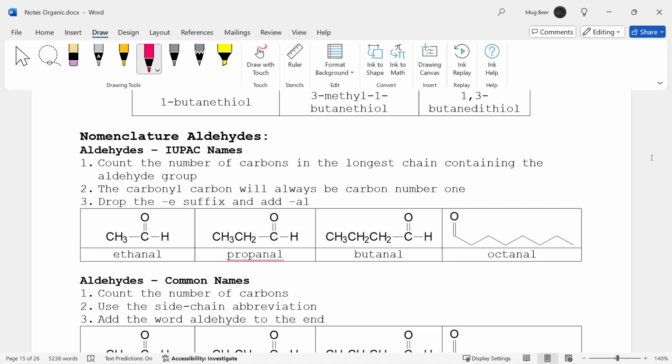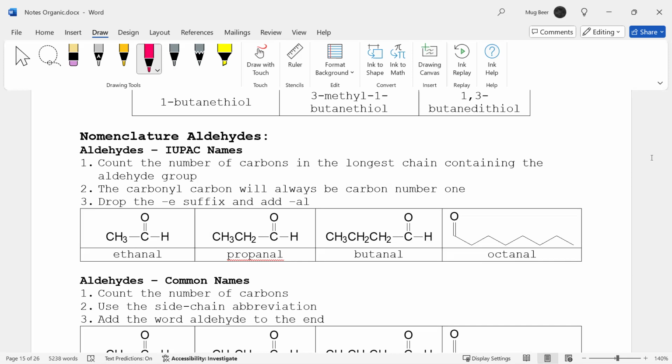They have to be on the end because one side of the carbonyl group has to have an H on it. So I've got ethanal, propanal, butanal, octanal. Like, they're pretty boring. You're just counting up the number of carbons there and throwing an -al on the end of it. You're actually just getting rid of the E and putting on -al.